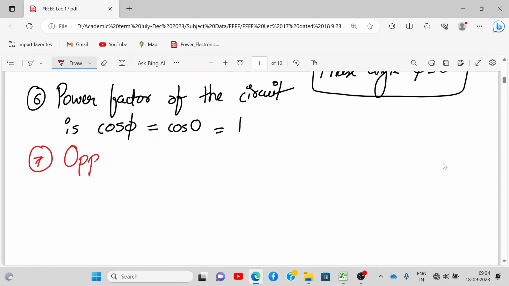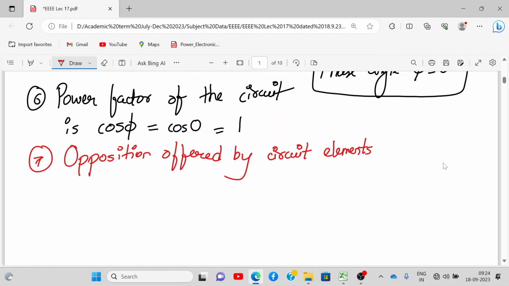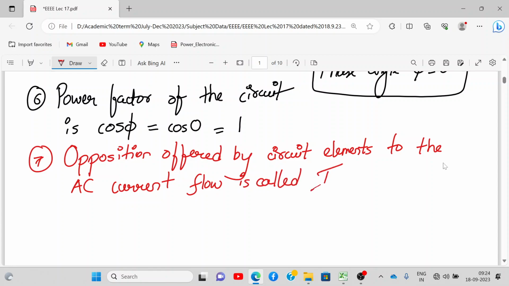So opposition offered by circuit elements like resistor, capacitor to the AC current flow is called impedance.